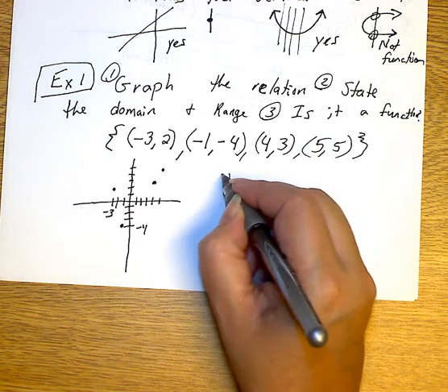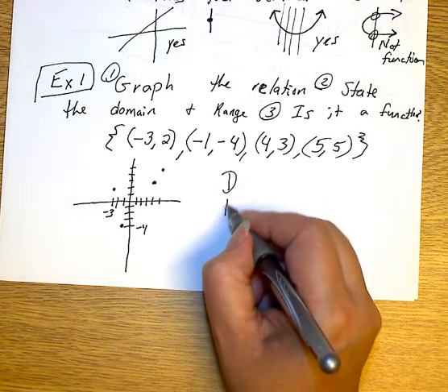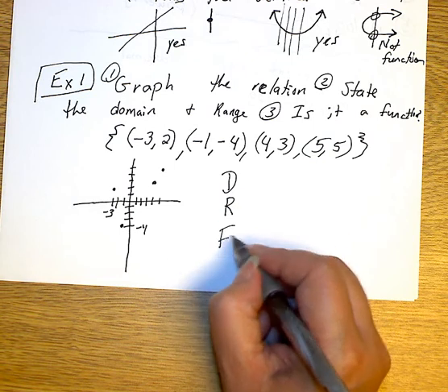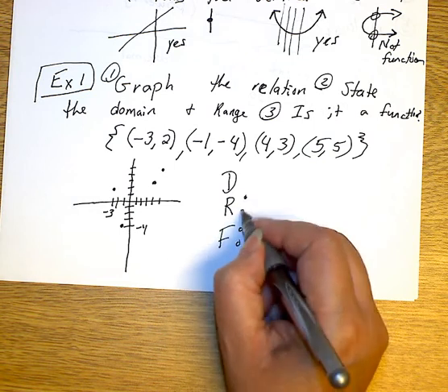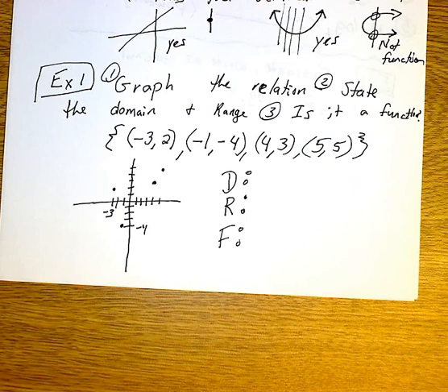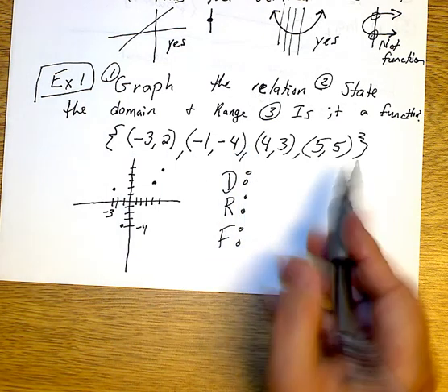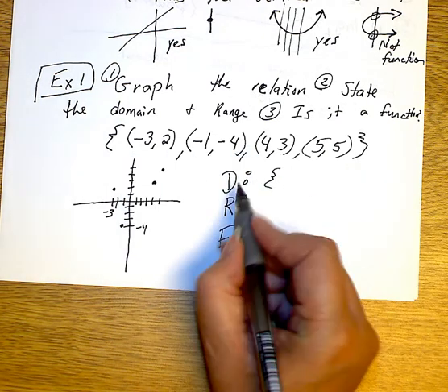Now, let's do what we need. We need domain, which is just D, R is your range, and F for function. So you don't have to write it all out. We're going to say what the domain is, what the range is, and the function. When you have ordered pairs, it's literally what are the numbers.